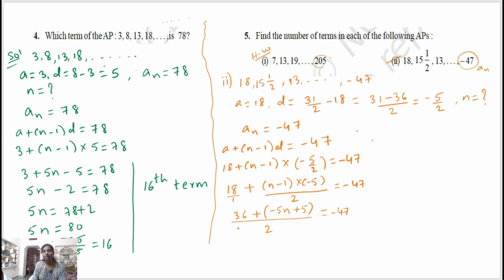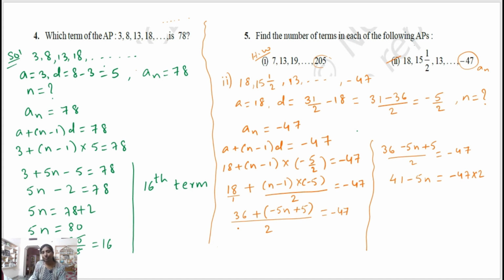Now 36 plus minus 5n plus 5 by 2 is equal to minus 47. So 36 plus 5 is 41 minus 5n. Now 2 will go to the right side, transposing, then minus 47 into 2.